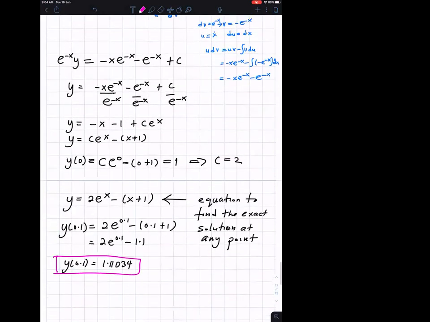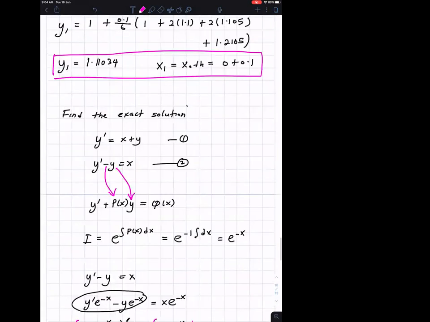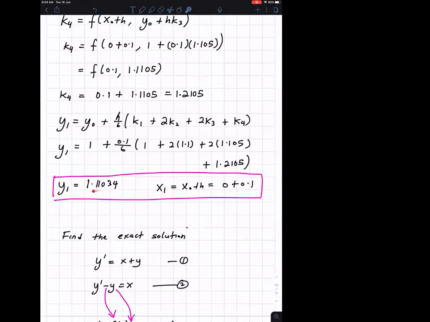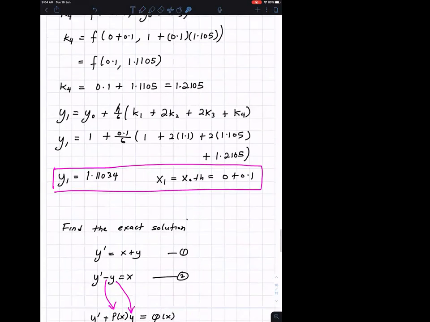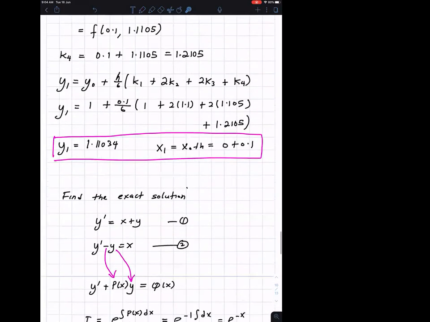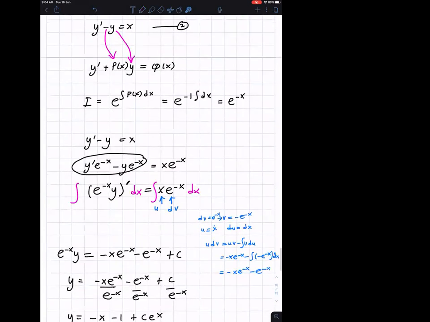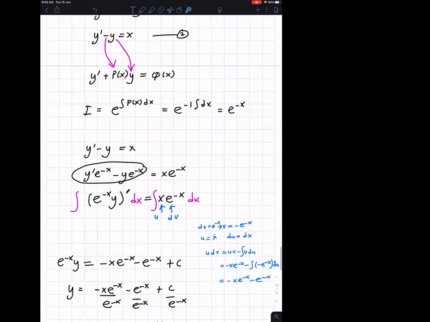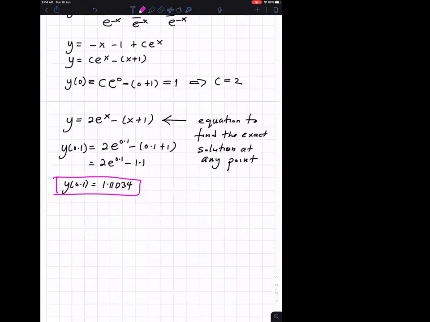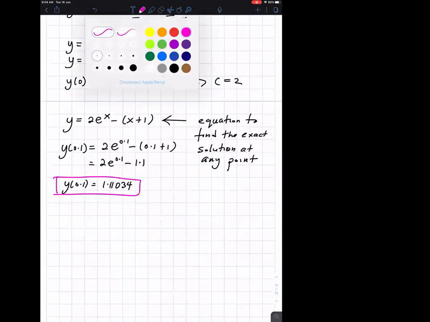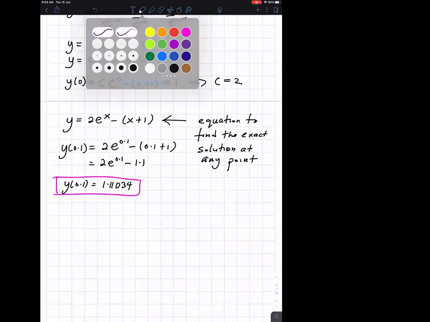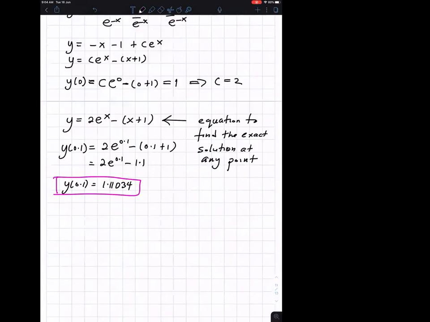Numerical analysis and the exact solution are giving you the same answer, but that doesn't mean they don't have error. The reason why this may have error is if you include many decimal places. If you include many decimal places, then you can see error.